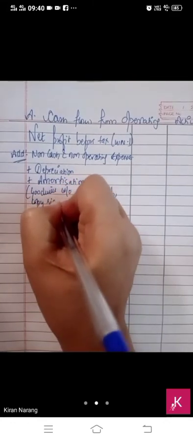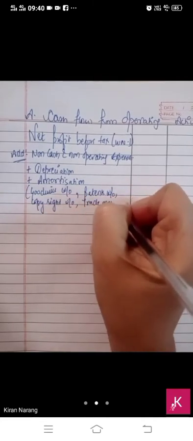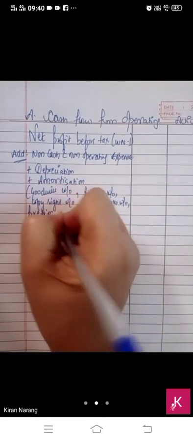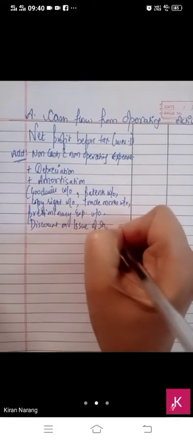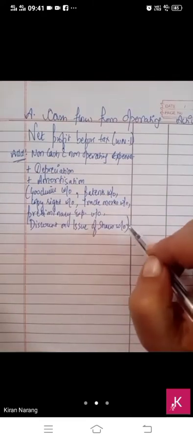Goodwill write-off, patents write-off, copyright write-off, trademarks write-off, preliminary expenses write-off, discount on issue of shares or debentures write-off. All these items of intangible nature, if they are reducing, you have to record their reduced value. You have to add them back.